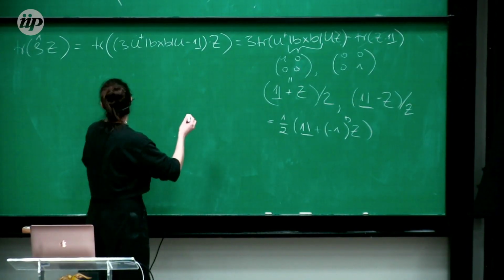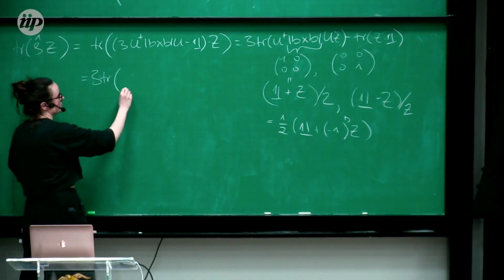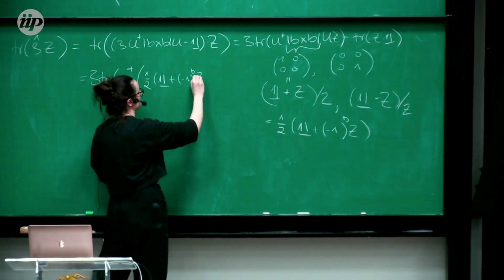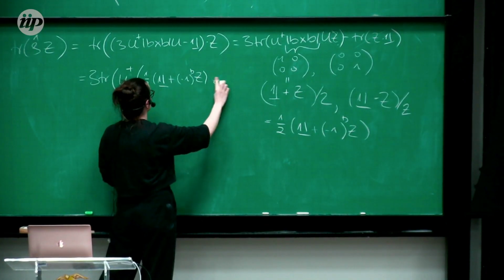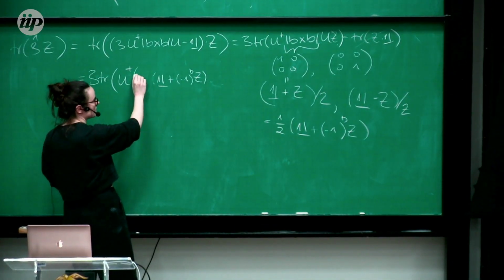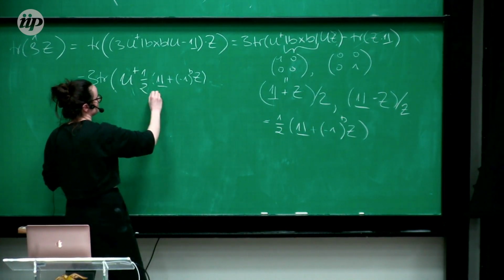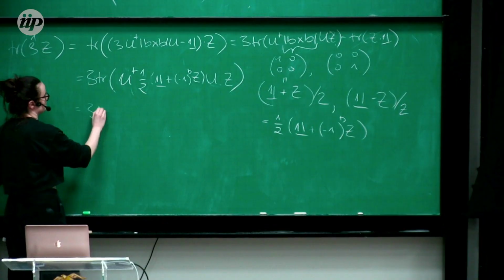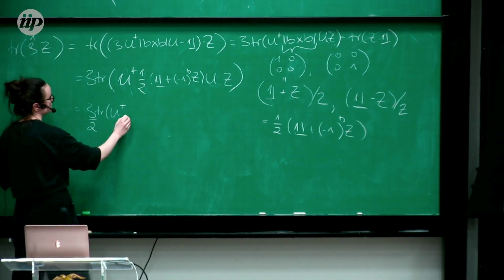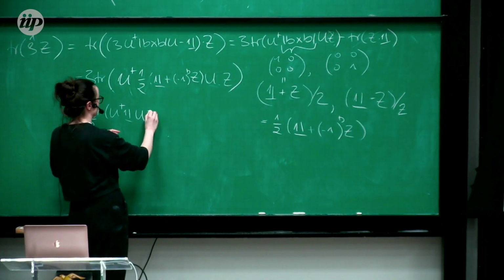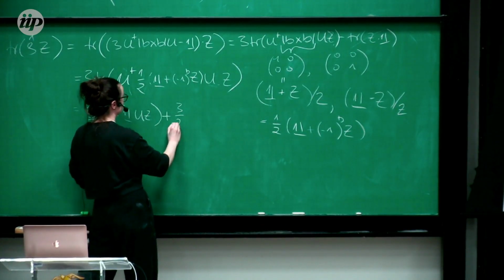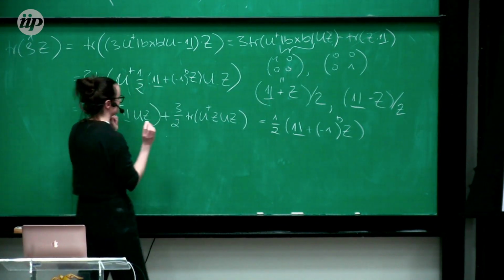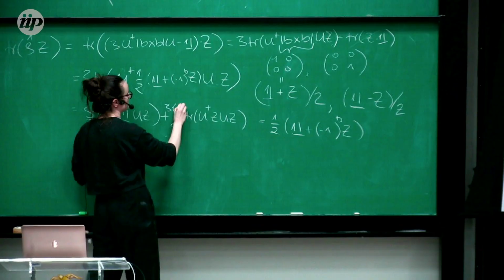And now we will insert this. Now we have this thing: 1/2 times identity plus minus 1 to the power of b times Z. No, I forgot my U's. 1/2 this, and then my U, and then my Z. Again, we have two terms here. 3 times the trace of U†, I pull out this 1/2, U† identity U Z, plus 3/2, now we take the second part, the trace of U† Z U Z. I forgot my b.